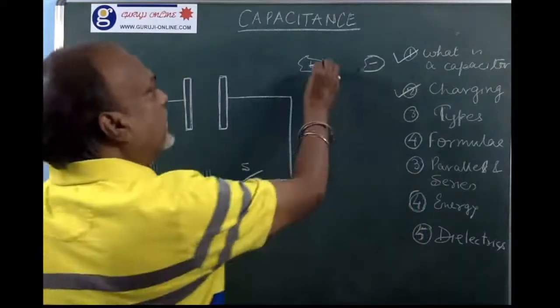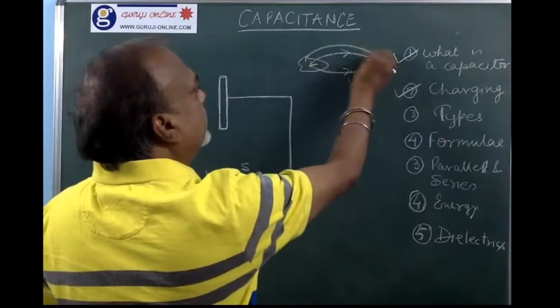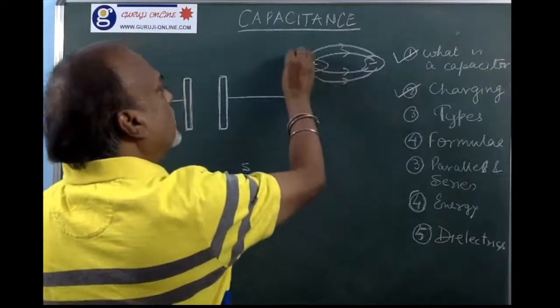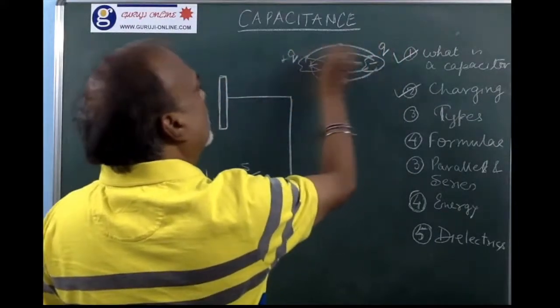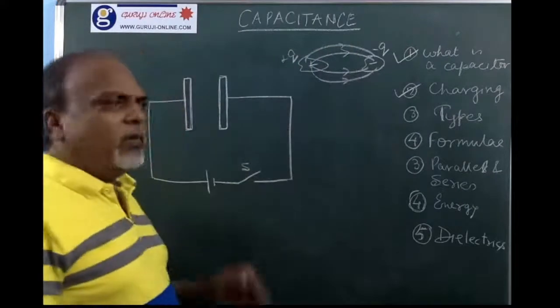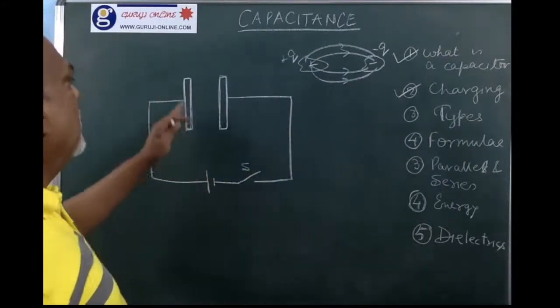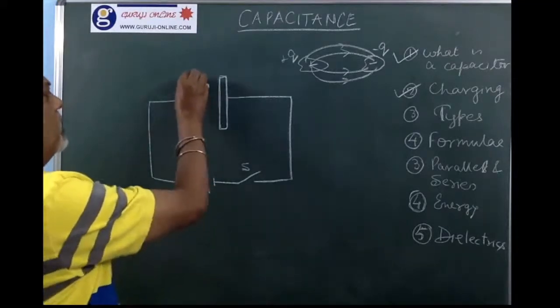This is also a capacitor, because plus Q charge is there and minus Q. This can be of any geometry, but for understanding sake, let us see these are two metallic plates.